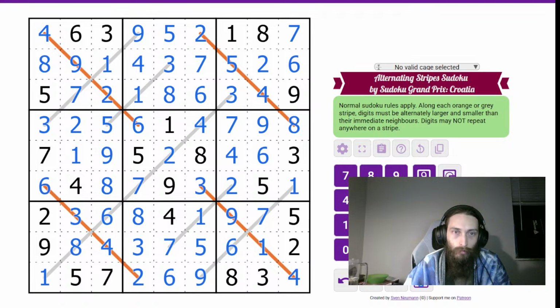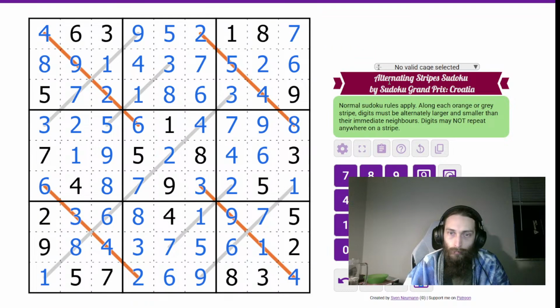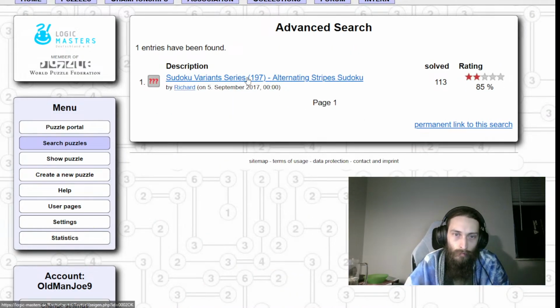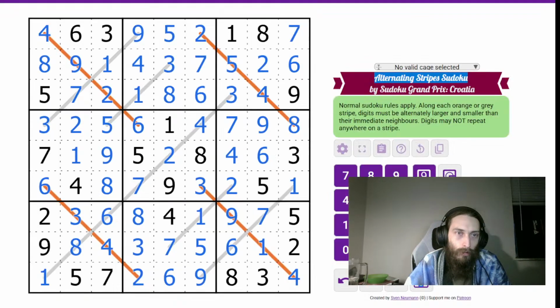I don't think it's that difficult outside of the fact that it's new. It's not that puzzle, so not on Logic Masters Germany.